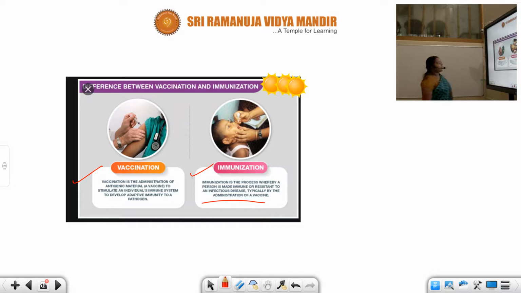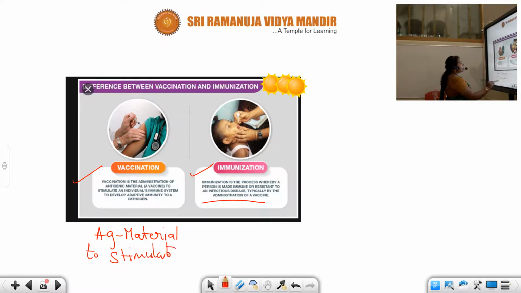So, students, vaccination is the administration of antigen material to stimulate the immune system to develop adaptive immunity against the pathogen. Immunization is the process whereby a person is made immune or resistant to infectious diseases, typically by the administration of vaccines. Of course, both have the same meaning, but there is a slight difference.